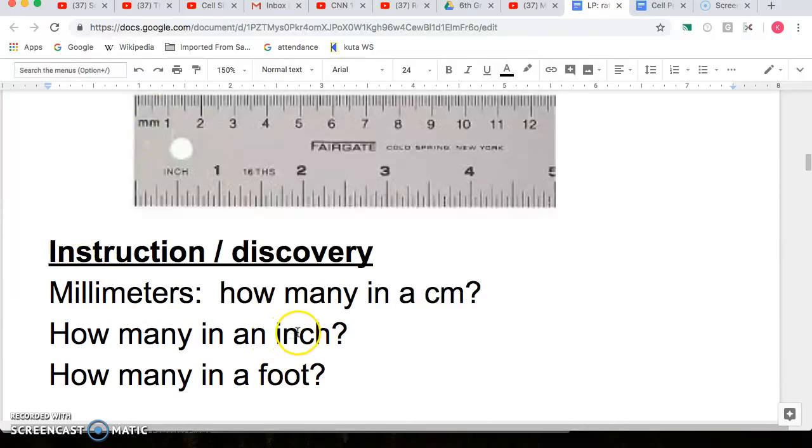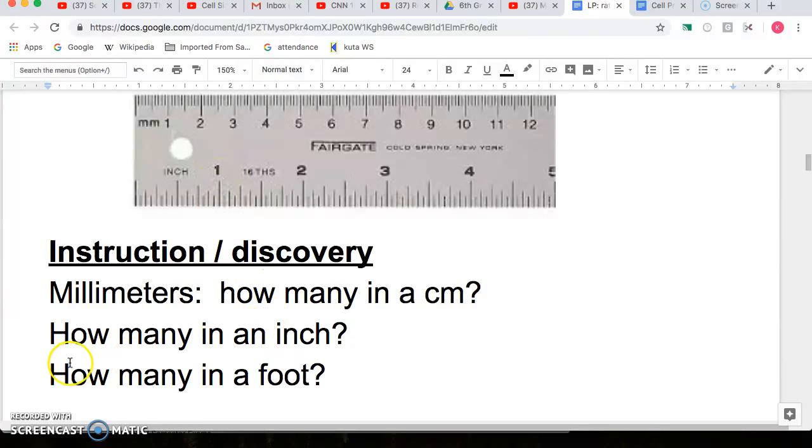Then we can find out how many there are in an inch. So say, look at 1 inch, go across and count to here. And between 0 and here, you'll find there are 25 millimeters in 1 inch.